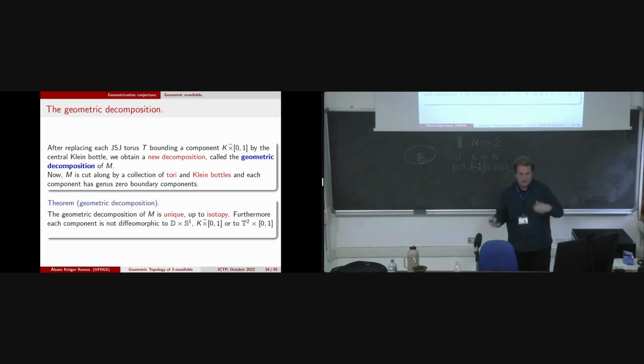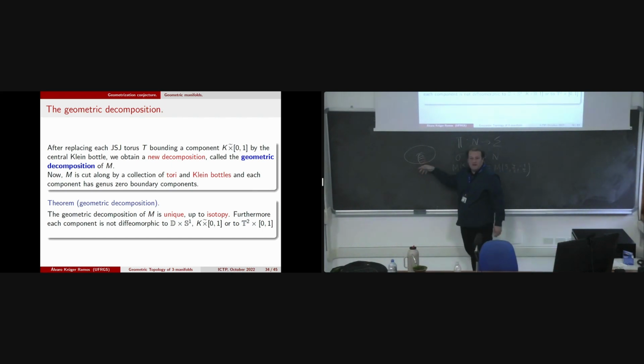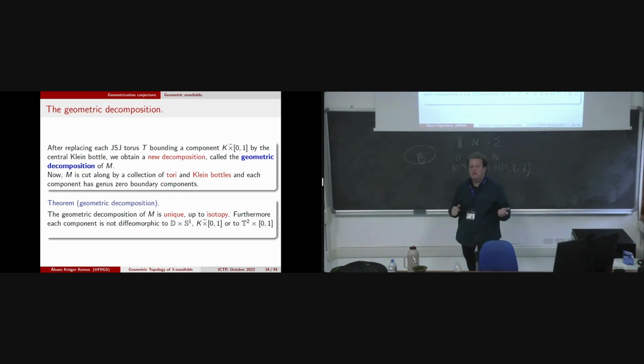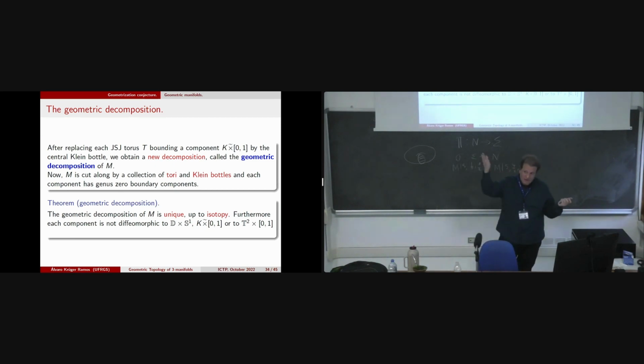Now there are 3 pieces that never appear, unless they are the whole manifold. If you are working with irreducible closed 3-manifolds, you don't have boundary, and then these pieces can never appear. You can never have D cross S1, because this is compressible. You cannot have the twisted I-bundle over the Klein bottle, because we are replacing the central Klein bottle by tori.